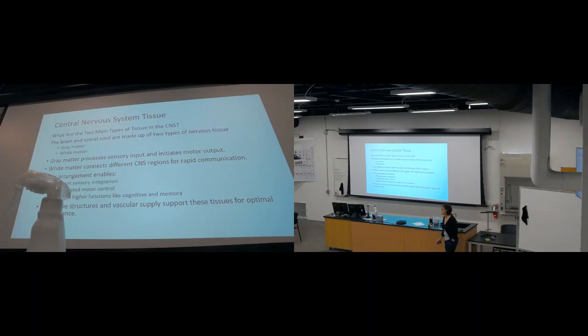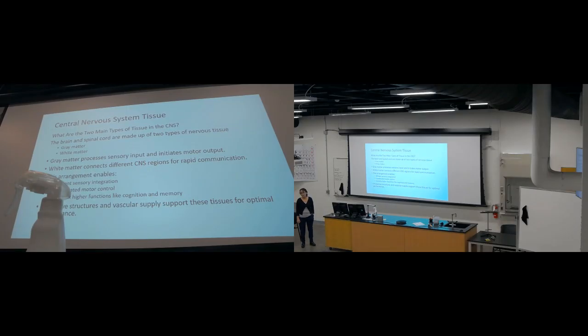And then, since this tissue is very delicate, it has to have protective structures. Neurons, if they're not part of the PNS, don't regenerate. So CNS neurons are very delicate, so you have to protect them. And then tissue perfusion refers to the amount of blood that a tissue receives per gram of that tissue.